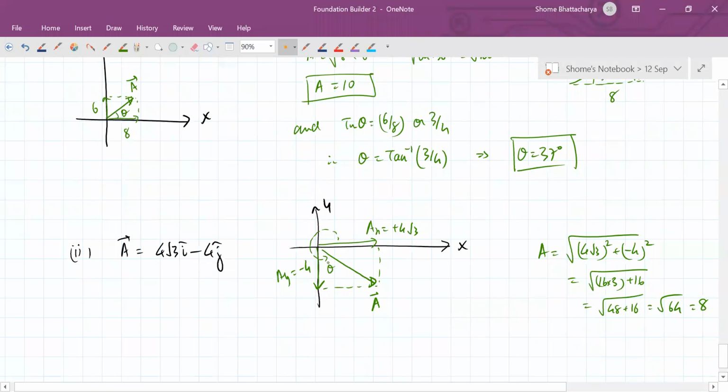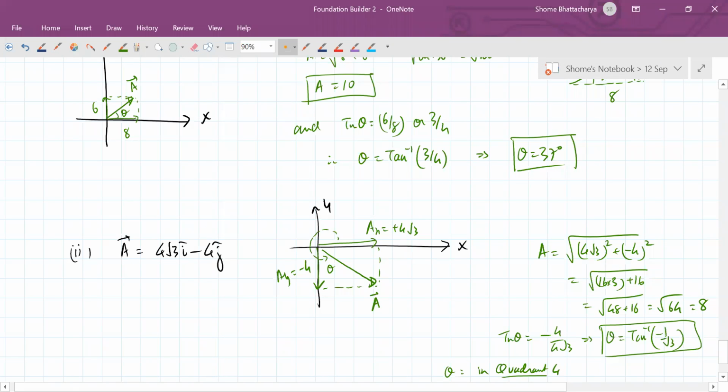But this angle, tan theta is equal to minus 4 by 4 root 3. So theta is tan inverse of minus 1 by root 3. Okay. And you can see theta is in quadrant 4. Okay, so this becomes very important.